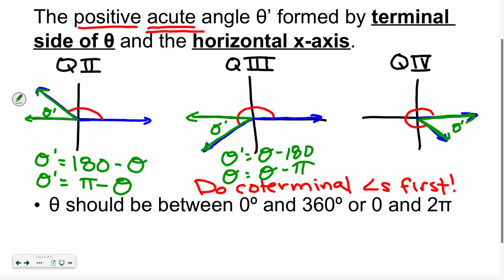An easy way to remember this is in the fourth quadrant, if your angle is between 0 and 360, then that angle and your reference angle make 360. So you just have to subtract from 360. So theta prime is 360 minus theta, or, sorry, these are both theta primes, 2 pi minus theta.